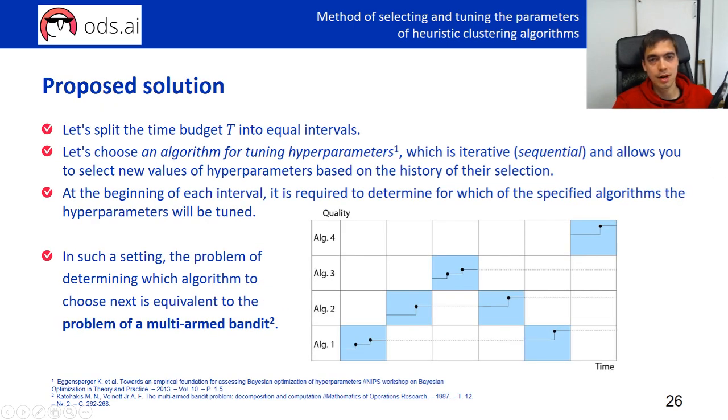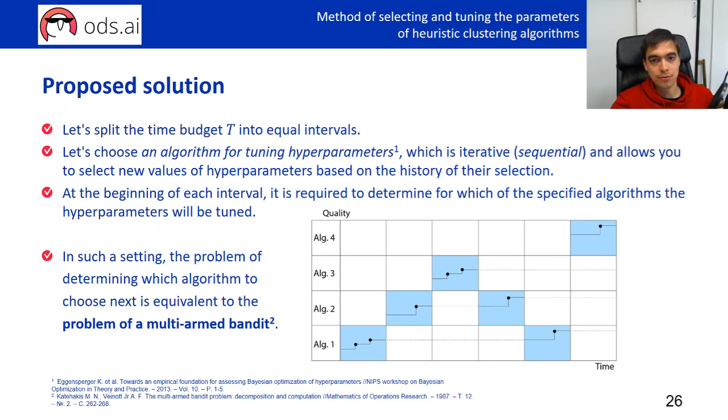Let's split the time budget into equal intervals, then choose an iterative hyperparameter tuning algorithm. At the beginning of each interval or iteration, the method determines for which of the algorithms the hyperparameters will be tuned. In a similar setting, such a problem is equivalent to the problem of the multi-armed bandit, speaking about reinforcement learning.